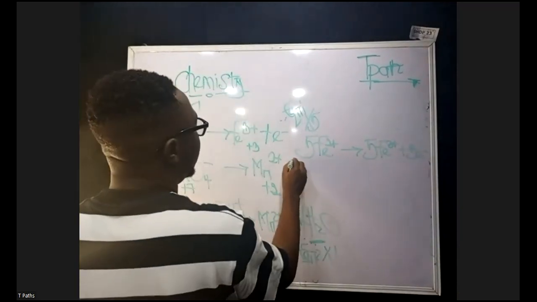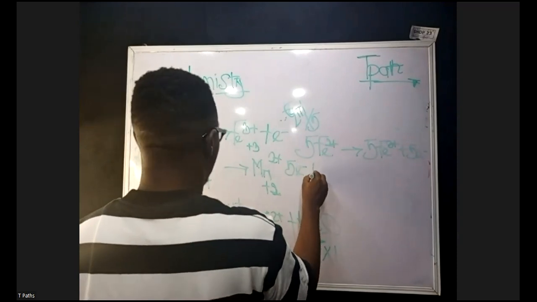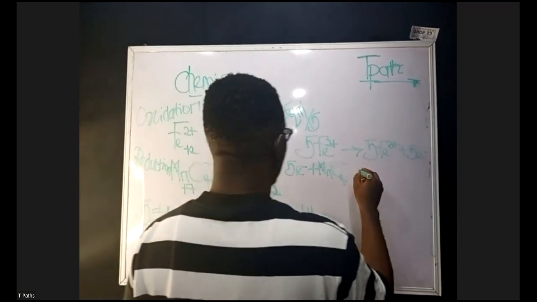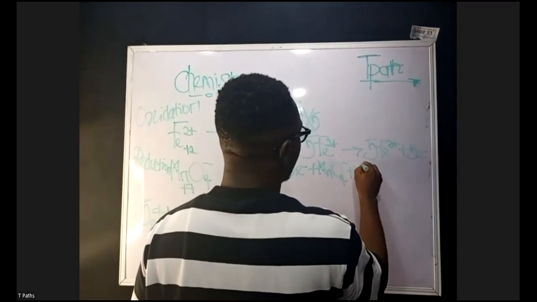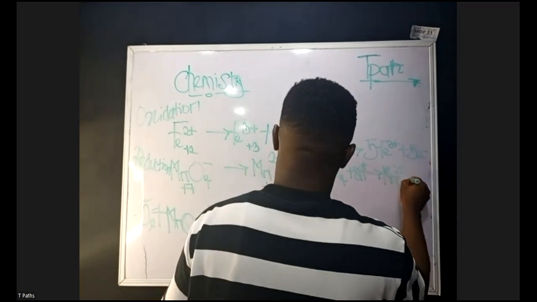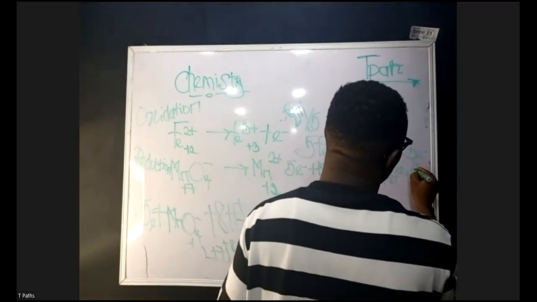While we have 5 electrons plus MnO4 minus plus 8H plus, giving us Mn2 plus plus 4H2O.